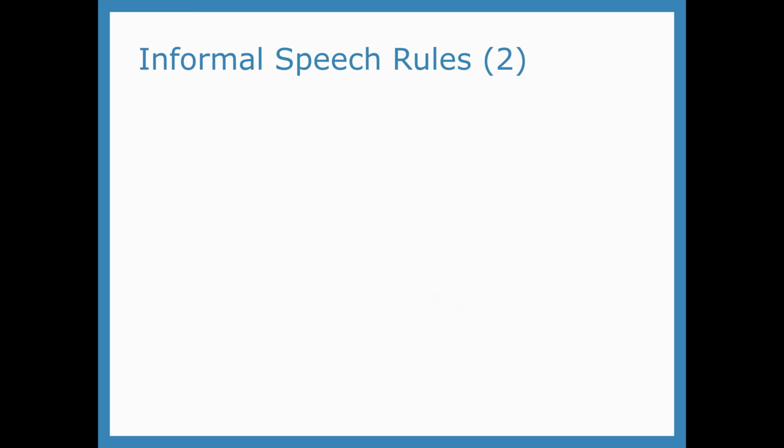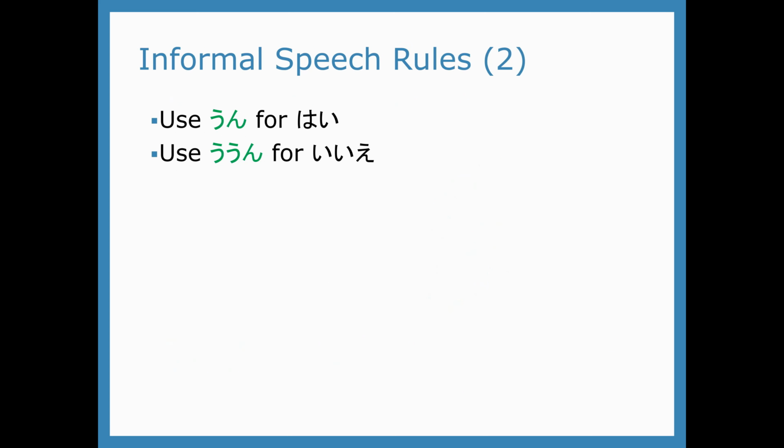One more thing about informal speech. So when we answer yes or no up till now, we've used hai and iie. But these sound a little bit too formal when you're speaking in casual speech. Even in English, you probably pretty rarely say yes when you're answering a question in a casual conversation, right?